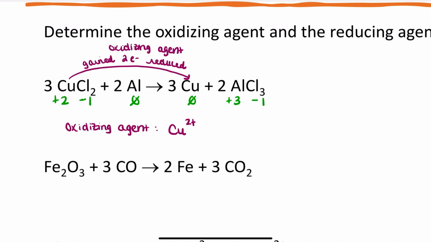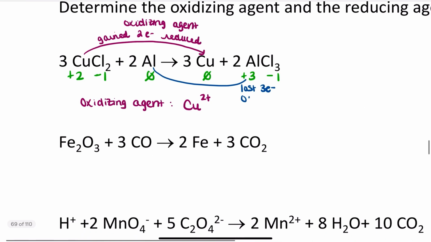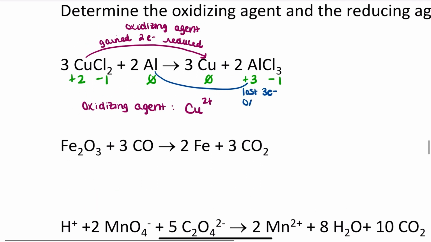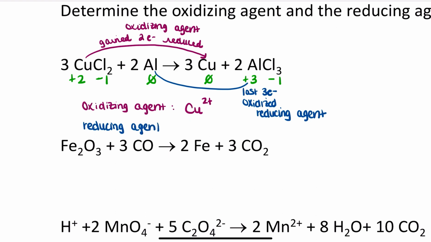My chloride remained unchanged, but my aluminum went from 0 to +3. It lost 3 electrons. It was oxidized. It is the reducing agent. It was able to reduce the copper. And that is aluminum, not aluminum 3+, aluminum.